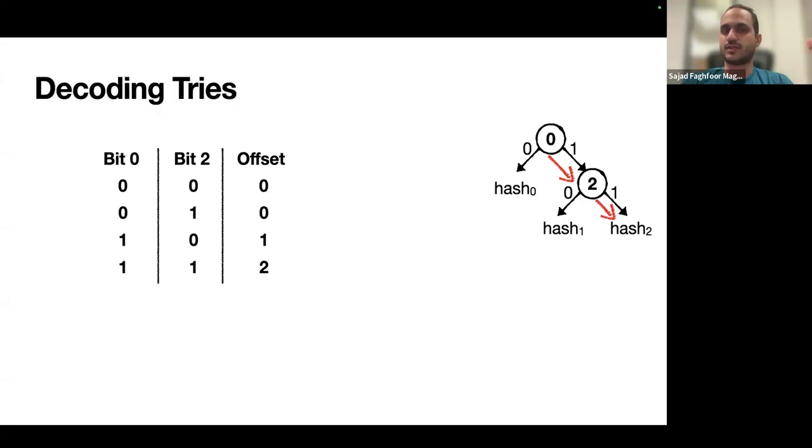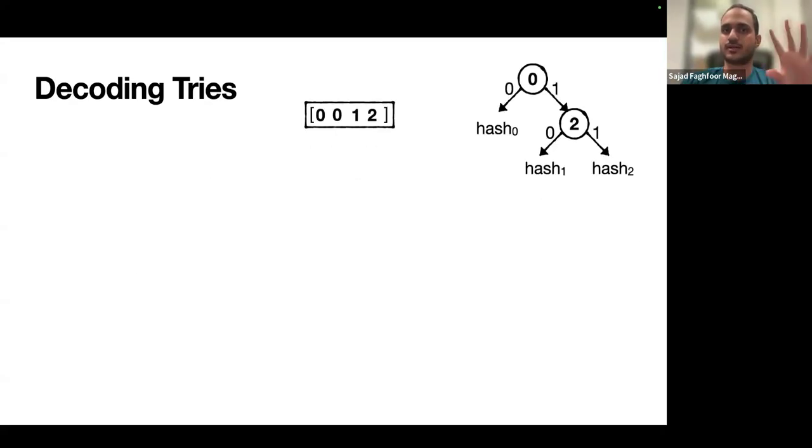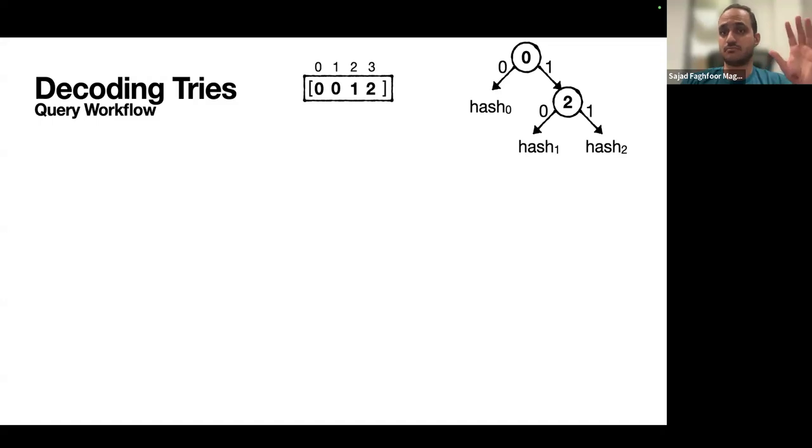And if both bit 0 and bit 2 are 1s, we're going to be directed to hash 2. So we pack these offsets together and create a table for that, and we store it someplace in a pre-computed location before running our system.